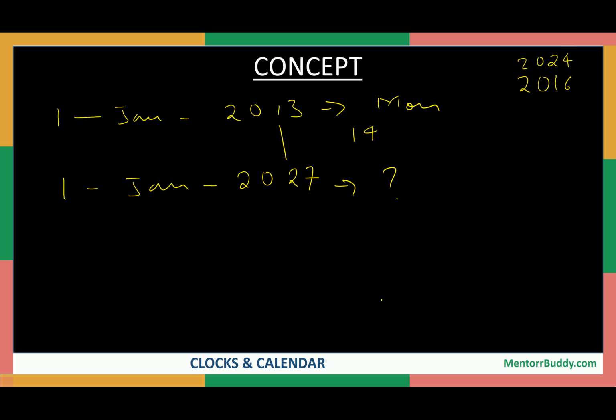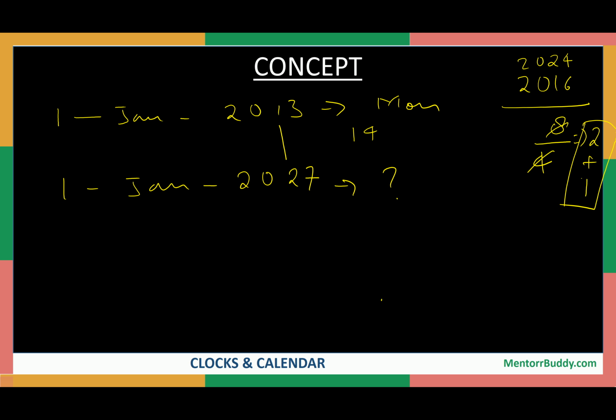So 24 minus 16 is 8. We divide this value by 4, so it becomes 2, and we just need to add 1 to it.